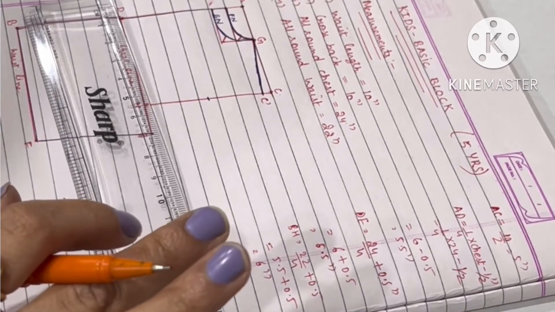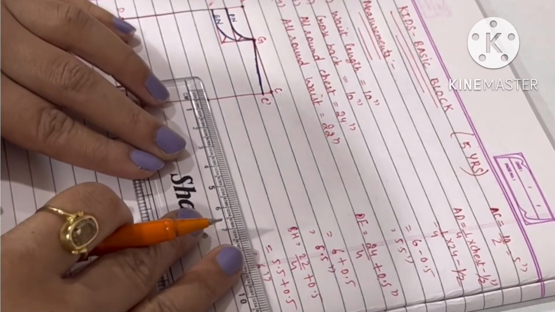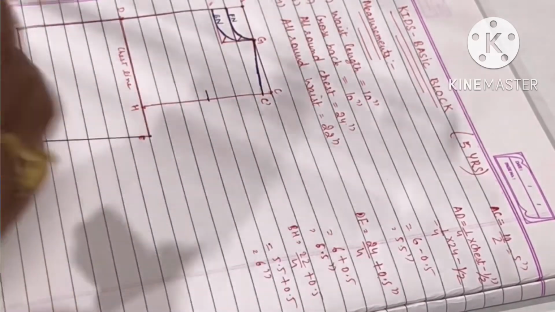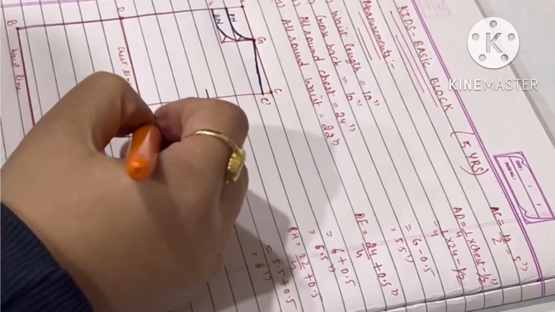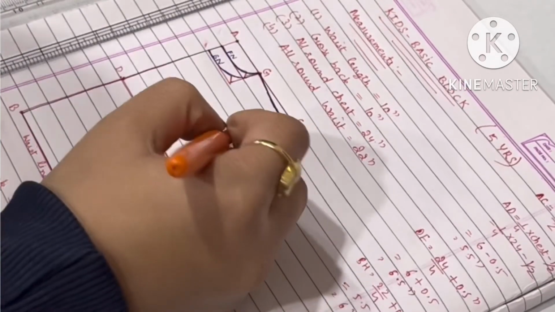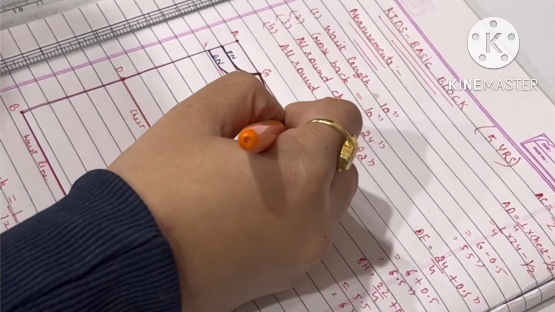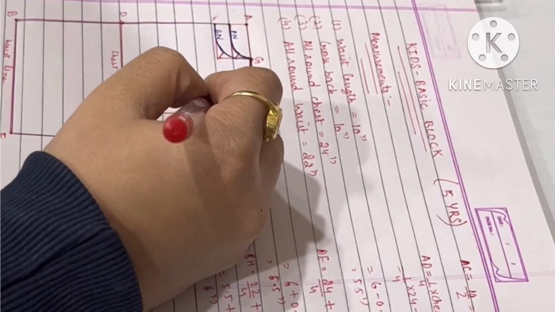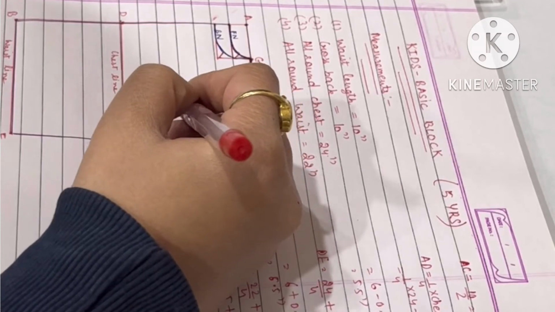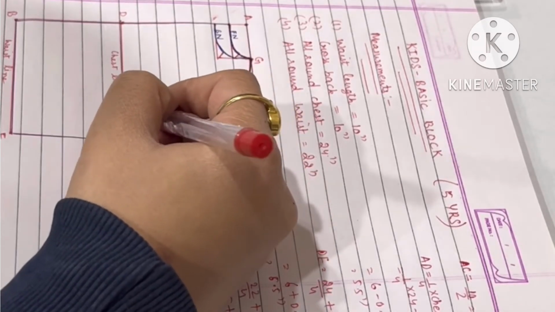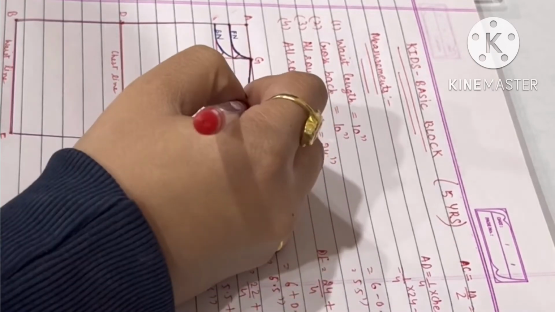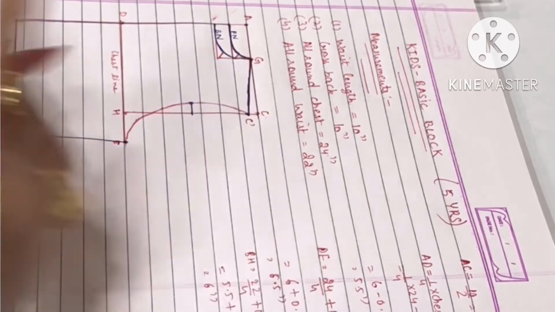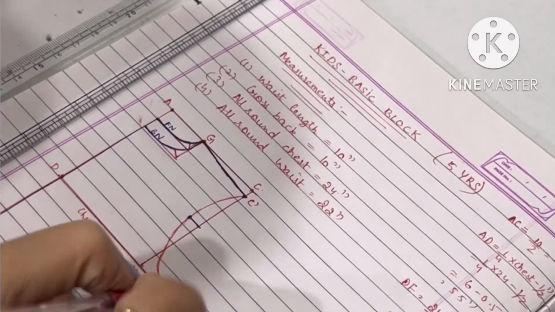The front is deeper than the back, so we will go 0.5 inches. Mark this point and this point, and join them.